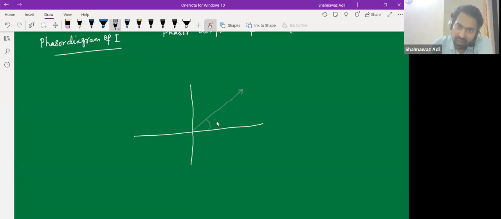And this is omega t, and this is E. And when we drop this down, this is E naught. Similarly, we know that the current is I naught sine omega t plus pi by 2.